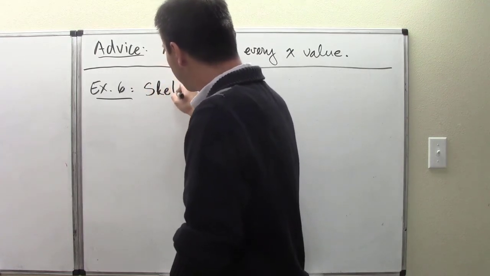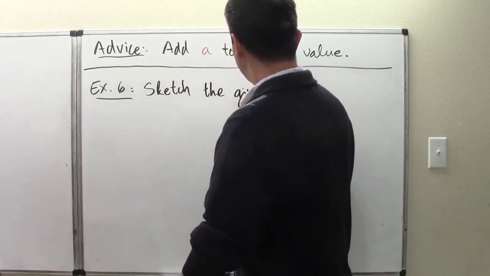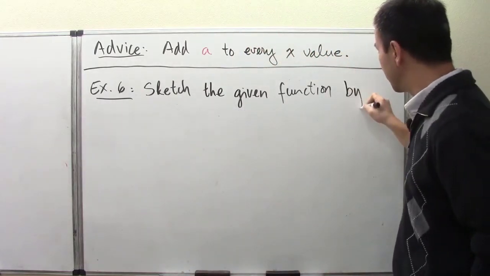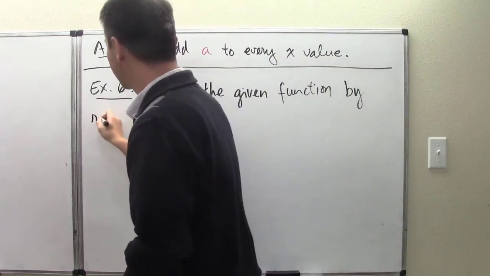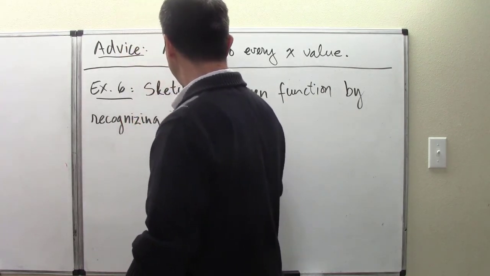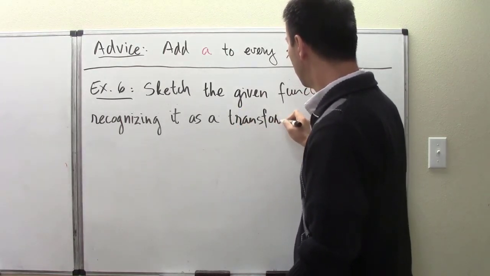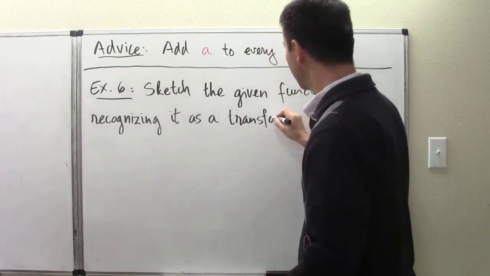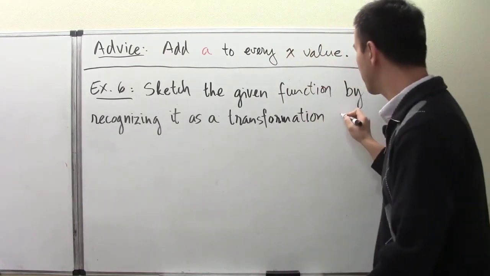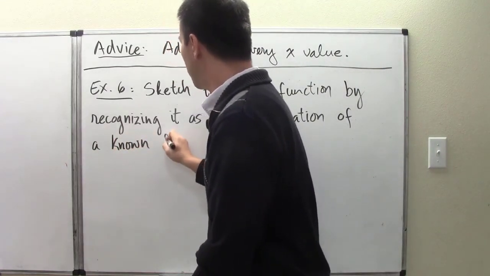Let's sketch the given function by recognizing it as a transformation of a known function.